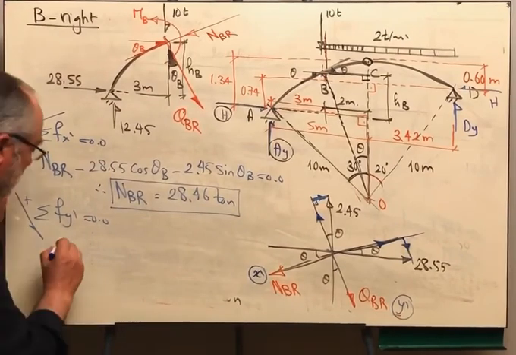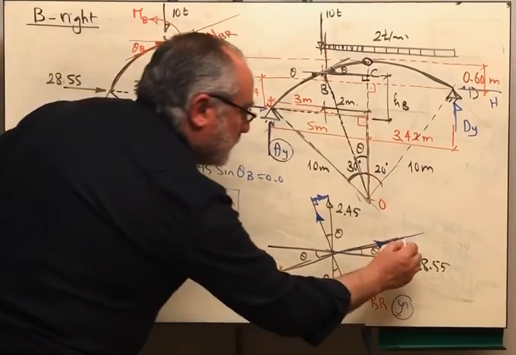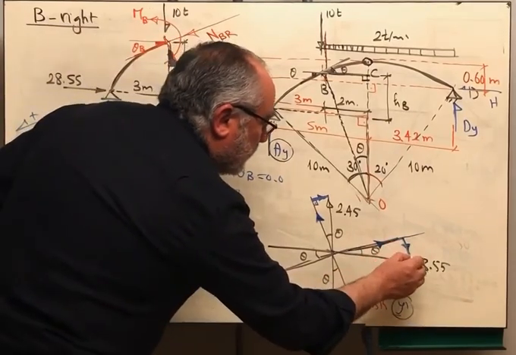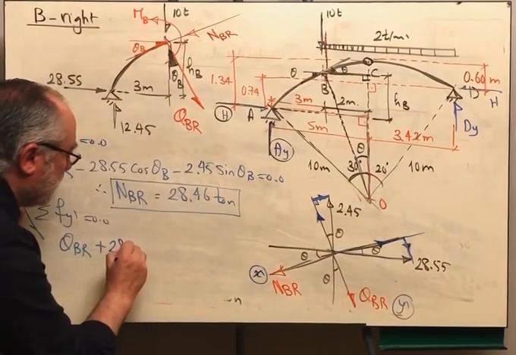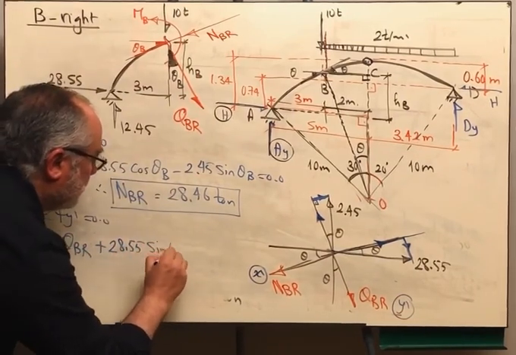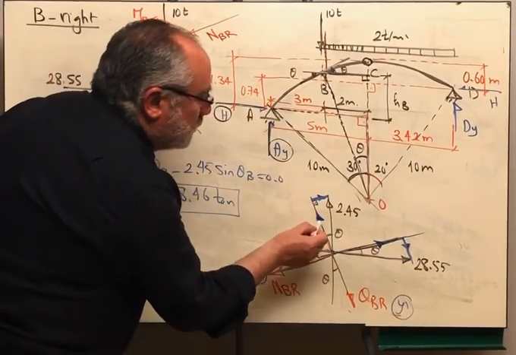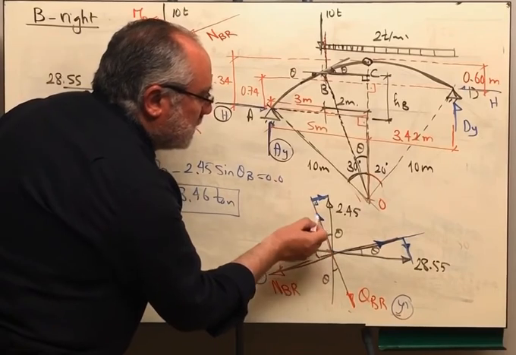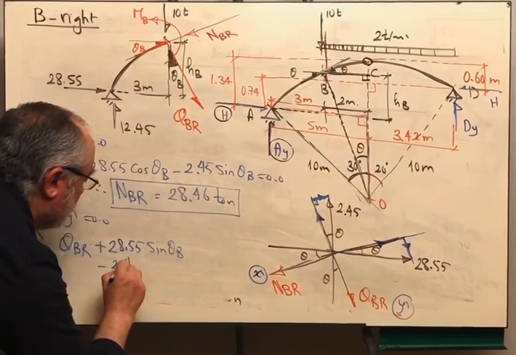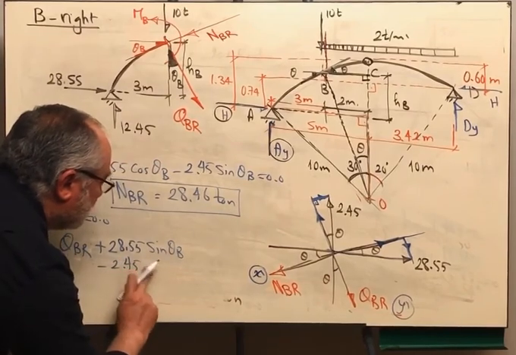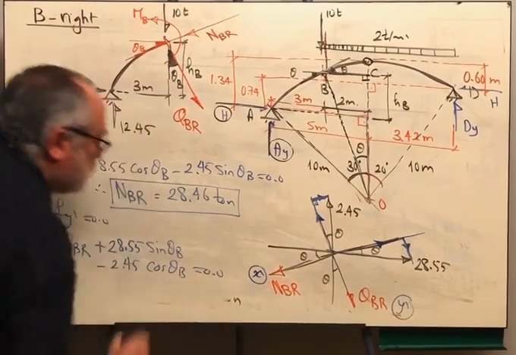I will have QB right, and then the component of the 28.55 is with the positive direction, so this is plus 28.55 sine theta b, and the component of the 2.45 is in the negative direction, so this is minus 2.45 cosine theta b is equal to 0.